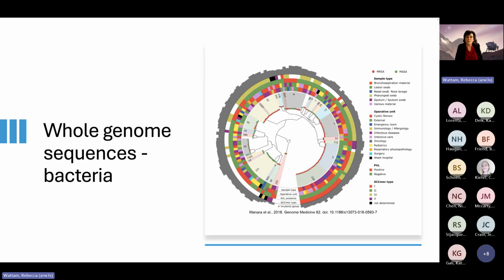This is a common thing we do with bacteria: we take a whole bunch of genes, do the sequences, concatenate them together, and build the tree with that. So it's close to whole genome. It's the genes that are shared amongst all of them. And you're looking for similarities and differences. That's important in all of the alignment things. You've got to have some things that are similar and different to build a tree.